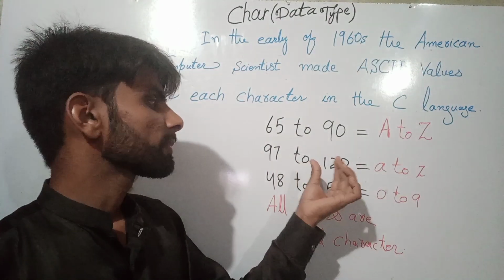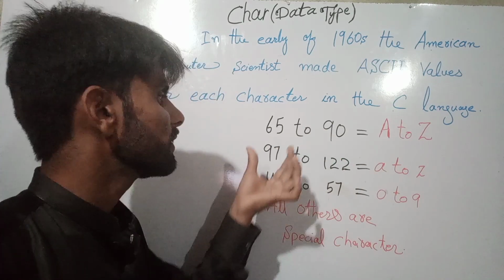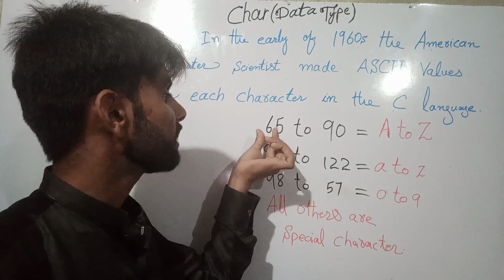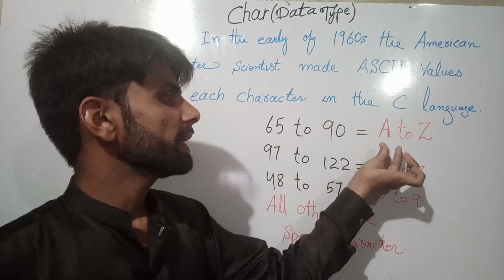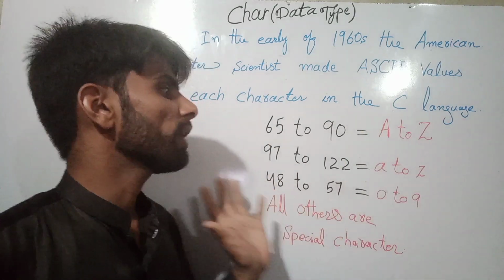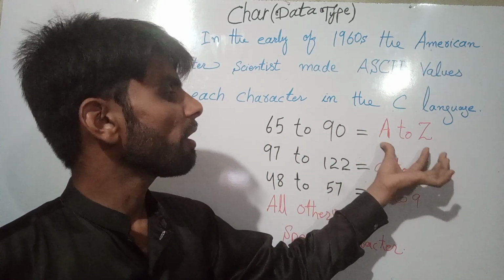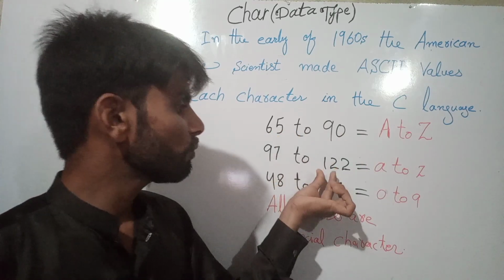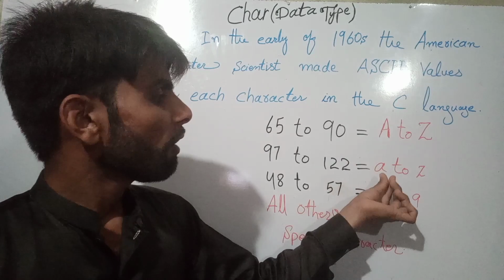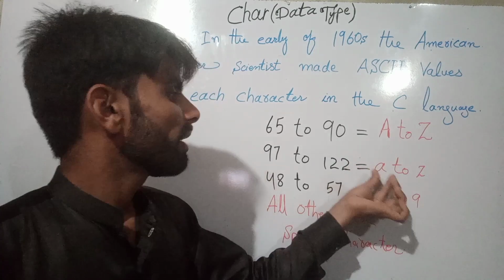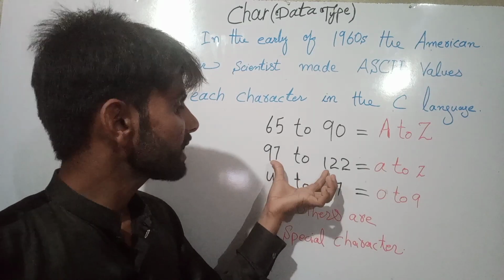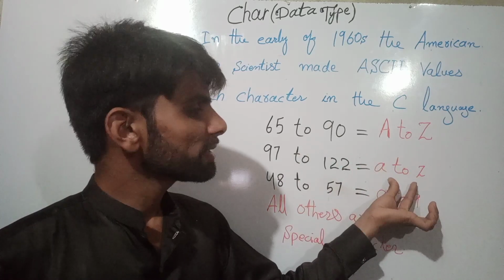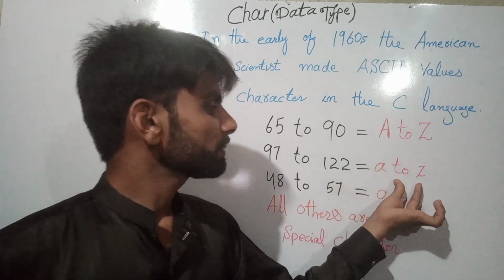So this is the ASCII value table. From 65 to 90 are the capital alphabets A to Z, and 97 to 122 are all the small alphabets. These are the ASCII values and their corresponding alphabets.